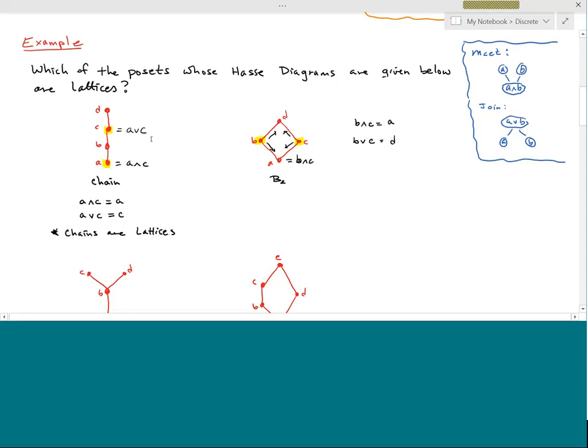Okay. So these two guys right here are the two quintessential examples of the two different cases that you can see inside of a lattice. B2 here, so this one, it actually turns out that you can say this in general. All of your Boolean algebras are lattices. But specifically, that one is a lattice.